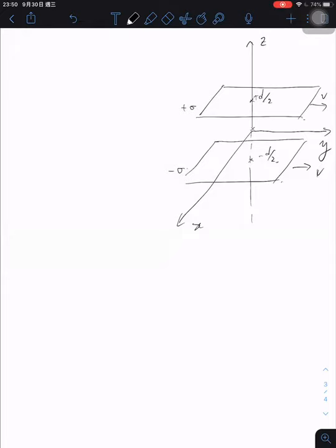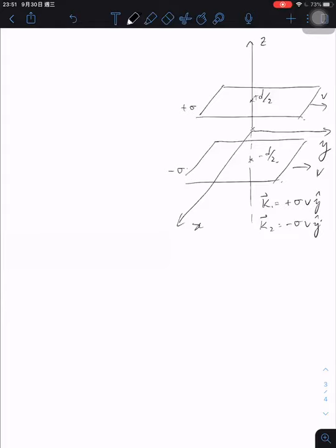For the first plate, it has the surface current density K equal to the surface charge density multiplied by the velocity. For the second plate, we have the same magnitude but with a sign difference because it has a negative charge density.